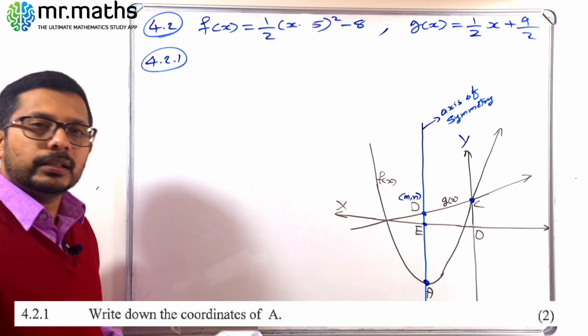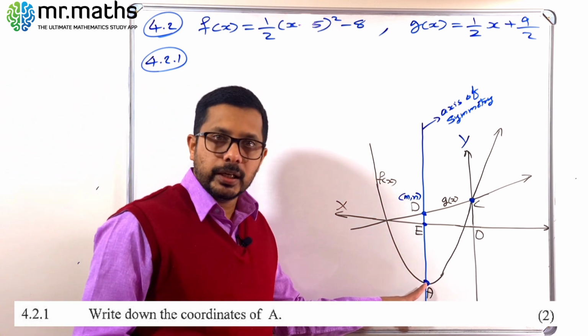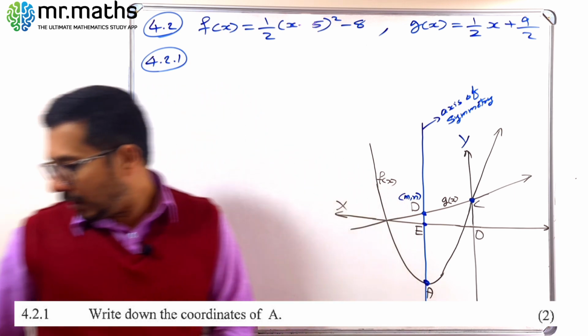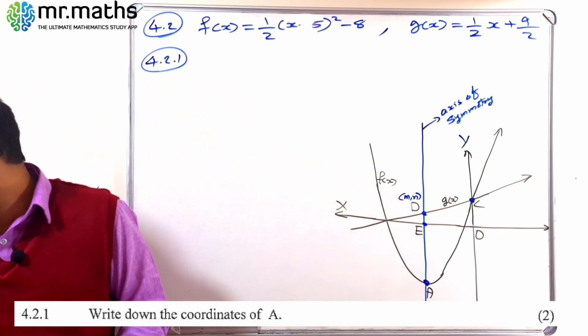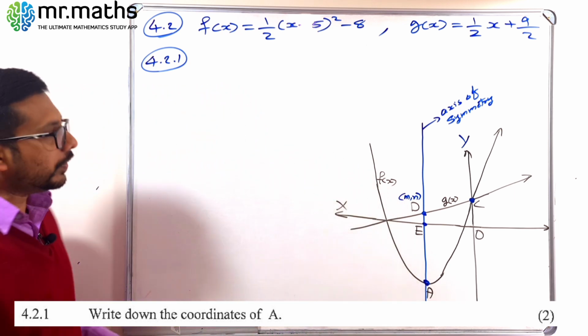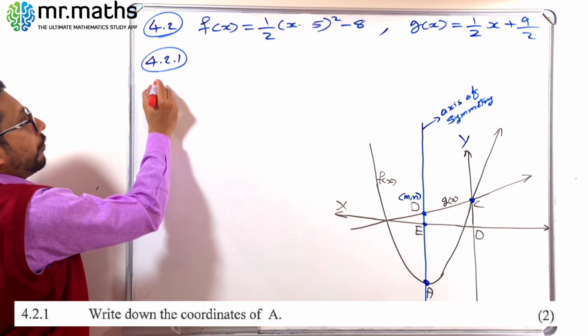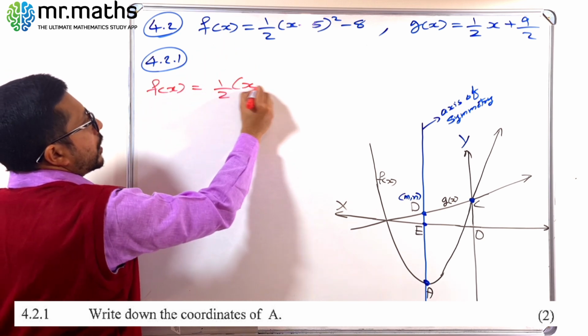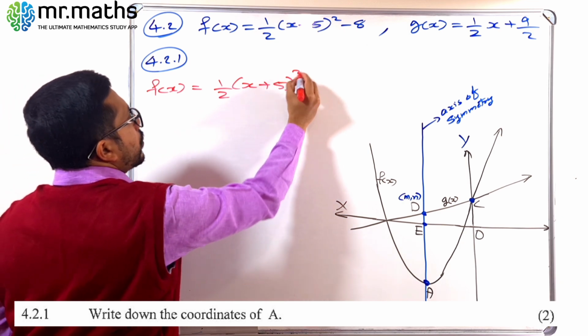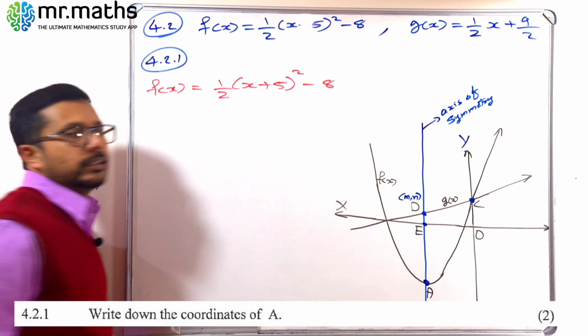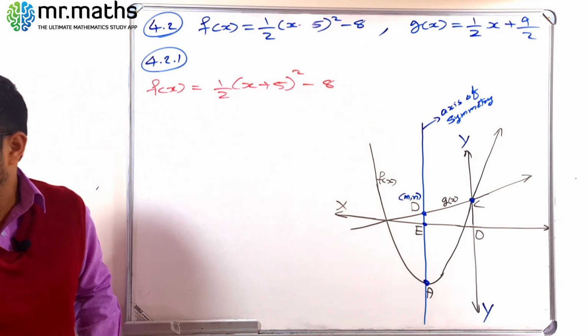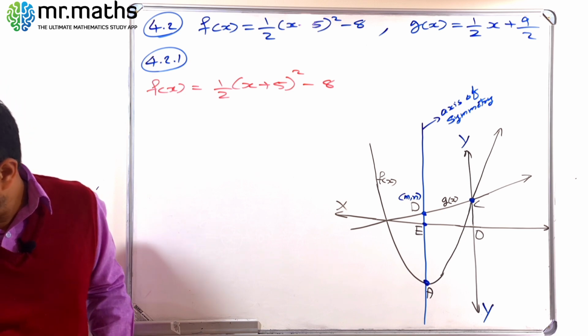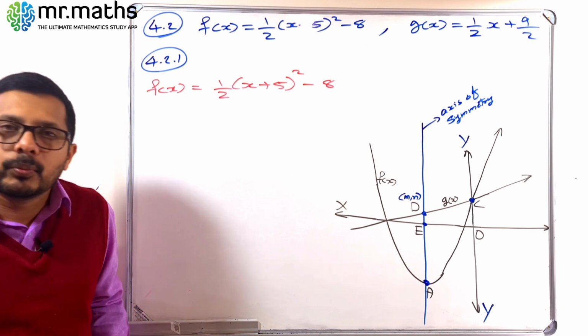What is that A? It is given that A is the turning point. In this question it is given that f of x is equal to half x plus 5 the whole square minus 8. Am I right? From this equation, how can you write the turning point?